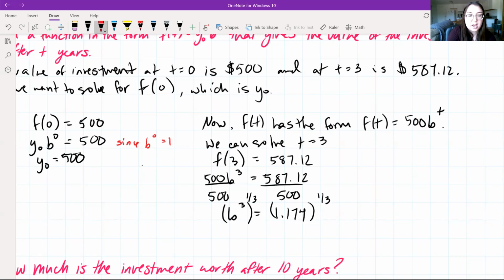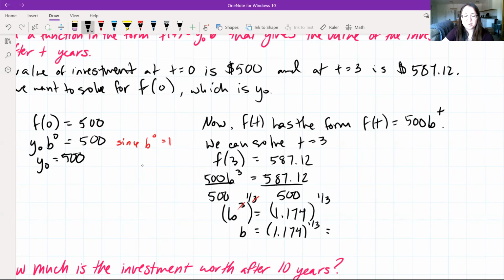If we do that, we see that our b cubed and our 1/3 are going to cancel, because when you raise a value to another power, and if that value has an exponent, you multiply your exponents to get your final value. So if we multiply 3 by 1/3, they're going to cancel each other out, and we're going to be left with b is equal to 1.174 to the 1/3 power, which we can calculate.